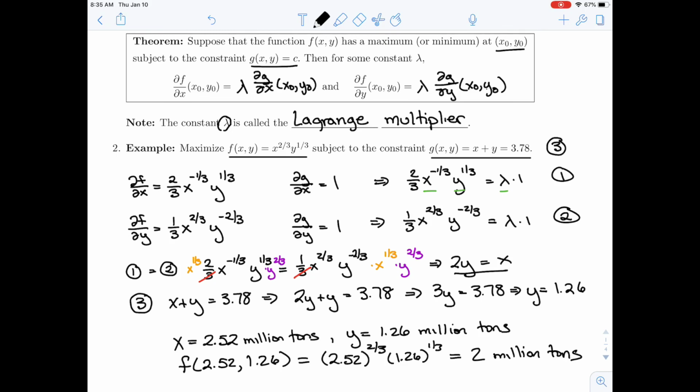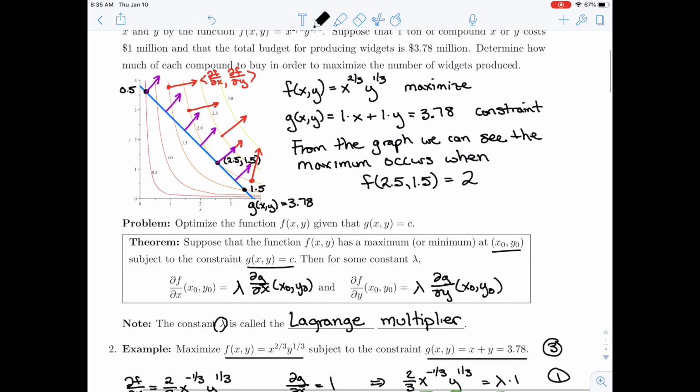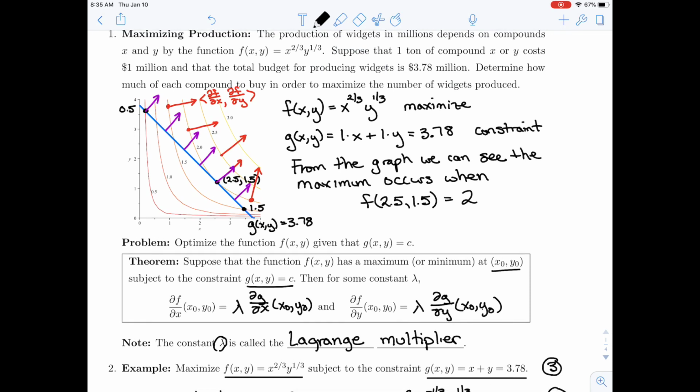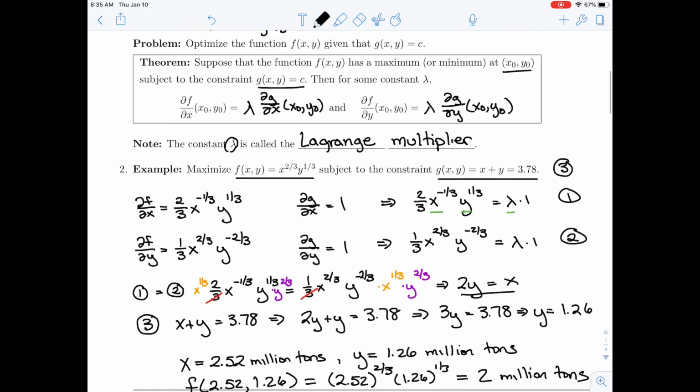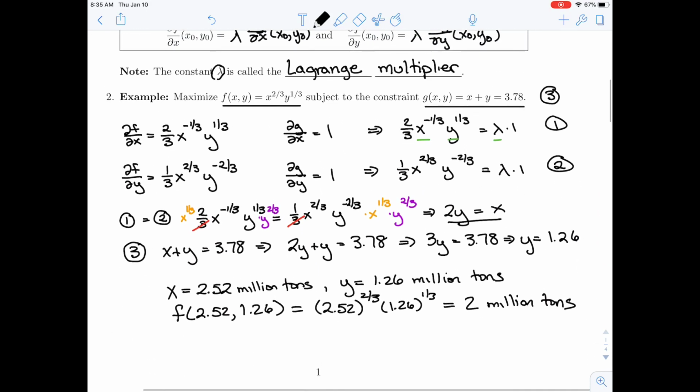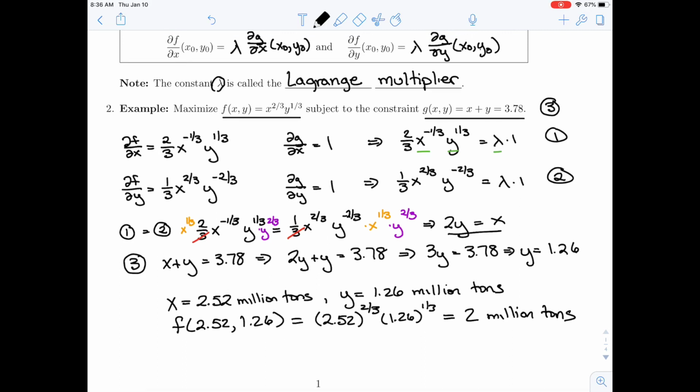We had guessed that the answer was somewhere around 2.5 and 1.5. It turned out that the answer was 2.52 and 1.26. So that's not a bad estimate that we had done with our previous work on the graph. So that's our first example of how to deal with Lagrange multipliers.